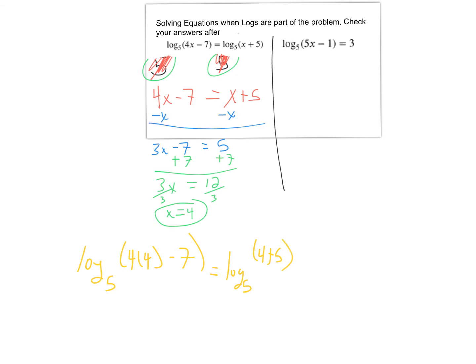And we're going to see if this works out. So we do log base 5, we're going to have 4 times 4, sorry, 16 minus 7 is equal to log base 5 of 9.